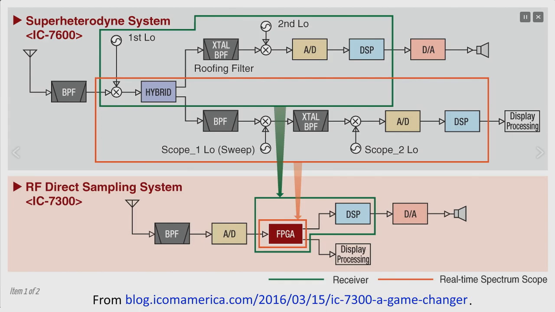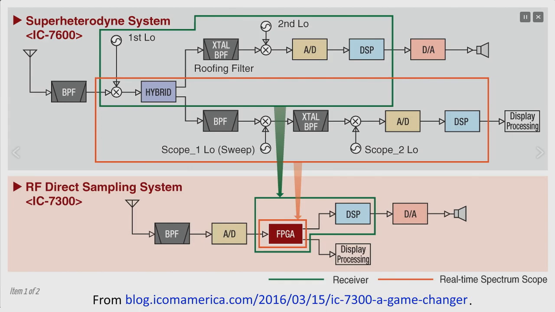The hybrid splits the signal out two ways after it's been mixed with the first local oscillator. If we stay at the top there inside the green box, it goes into a crystal bandpass filter, often called roofing filters. We mix it again with the second local oscillator that changes the frequency again.